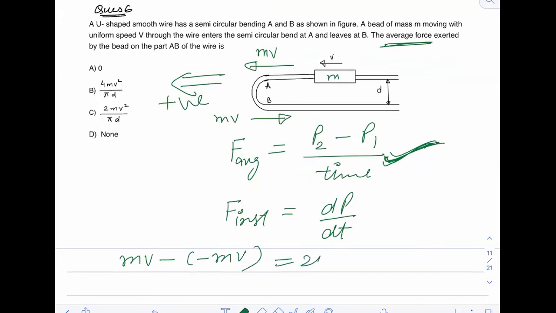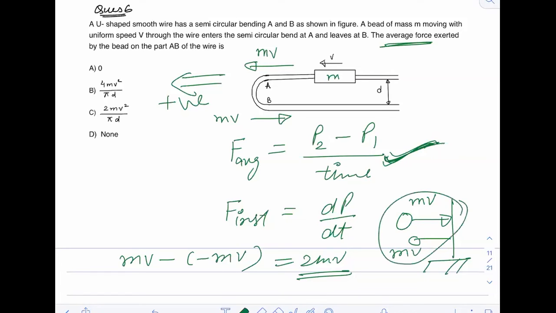So it will be 2 mv. It is same like if you have a ball here and you throw a ball on it with mv momentum, it comes back to you with mv momentum. So the total change in momentum is not 0, it is 2 mv.